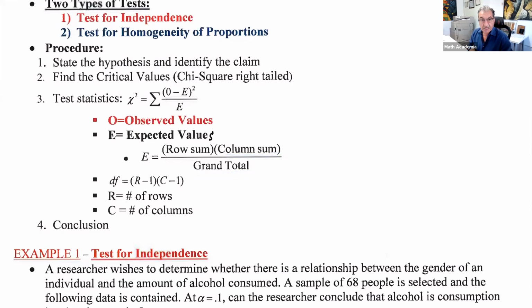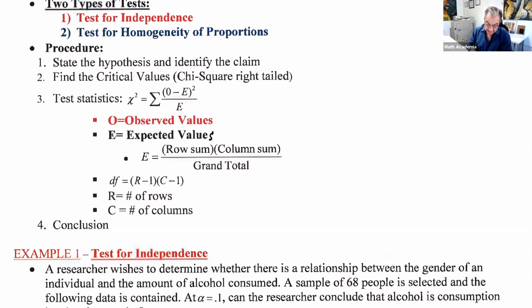Since we're dealing with chi-square distribution, we have to know the degrees of freedom, which is r minus 1 times c minus 1. R is number of rows and C is number of columns. Then, of course, conclusion, reject H0 or fail to reject H0, depending where the test statistic falls. And after that, we can make the final conclusion.